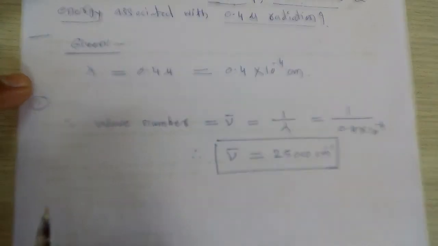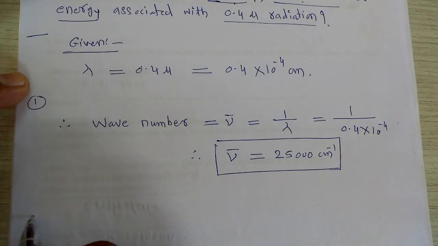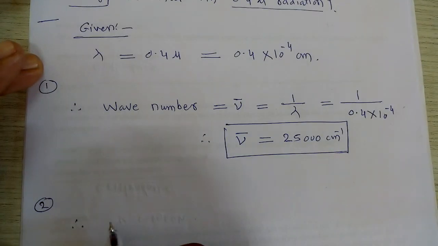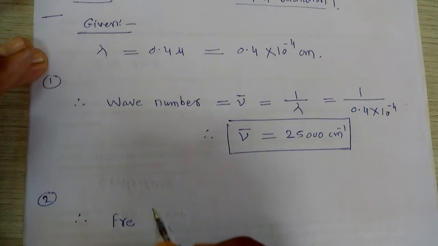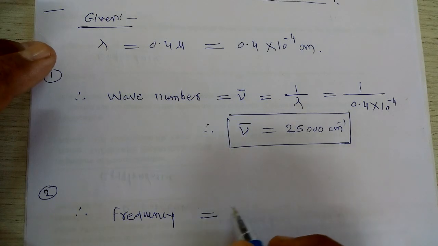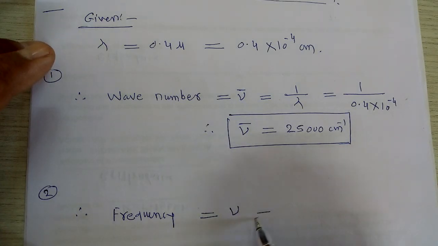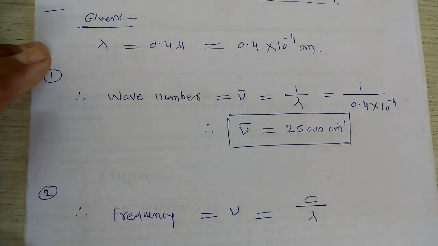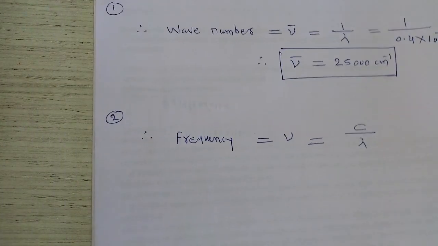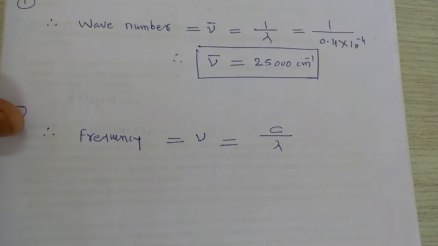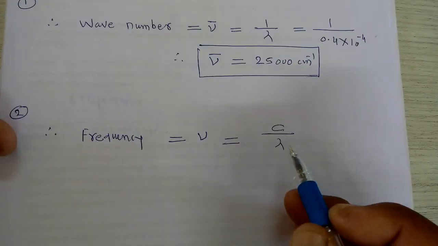In the second step, now we have to calculate its frequency. Therefore the frequency of radiation is equal to, we know very well, frequency nu is equal to velocity of radiation divided by its wavelength. So this is a simple relationship between frequency and the velocity and wavelength.